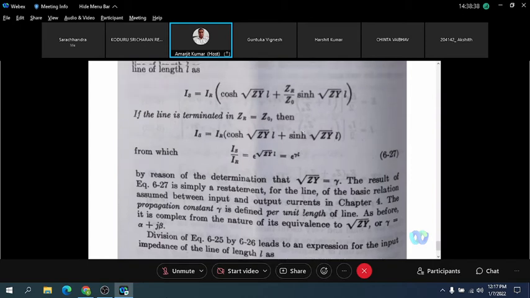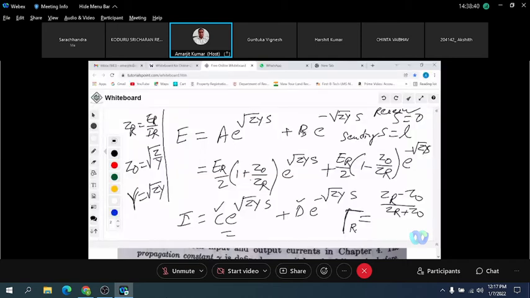Now, you also know that gamma is equal to root ZY. For the lumped and also uniform transmission line we had done, gamma is equal to root ZY.